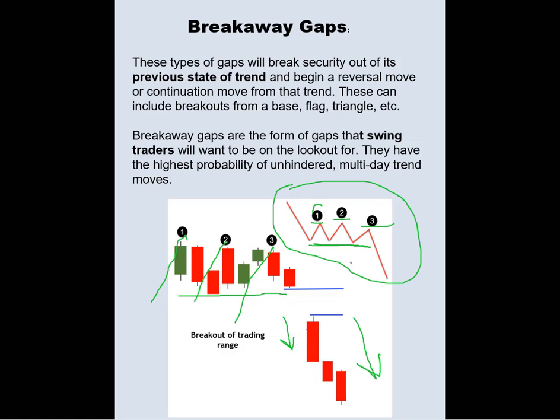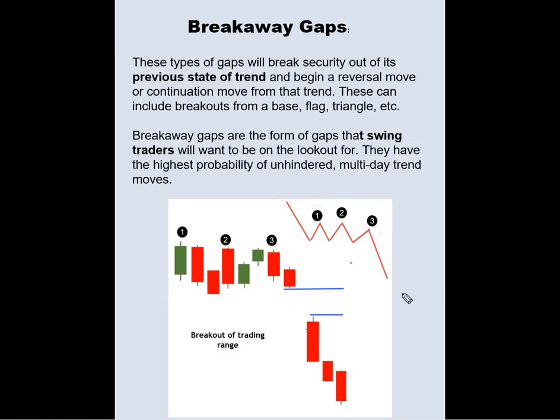So what are the elements which we should be looking for when we are trading the breakaway gaps? First, we need to see the prior trend. This is a daily chart, so we want our weeklies to be in our favor. Let's consider there is a trend coming from here, and then there is a consolidation over here. So the prior trend was already bearish.